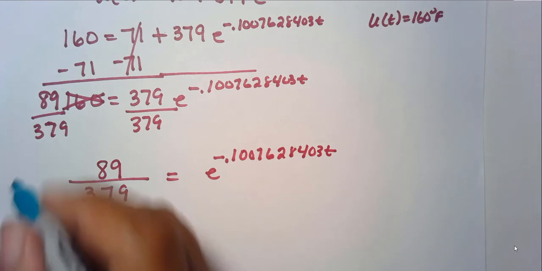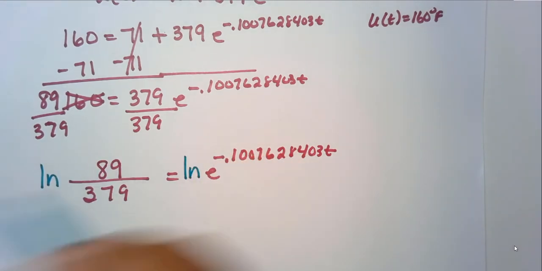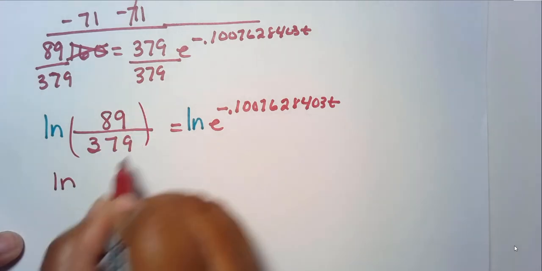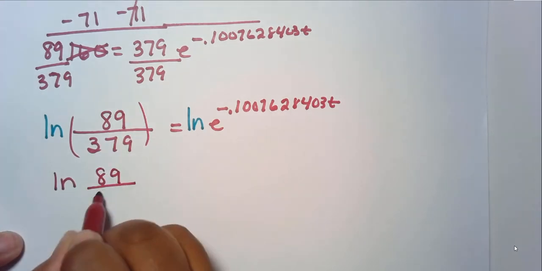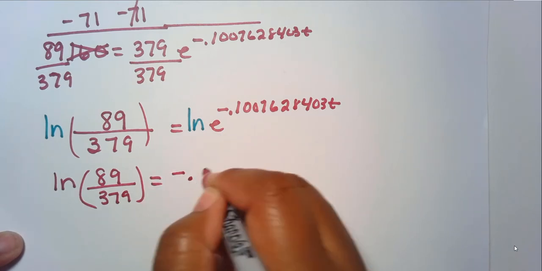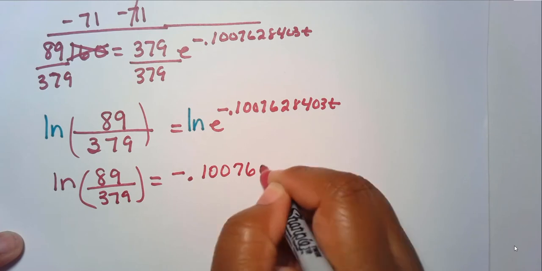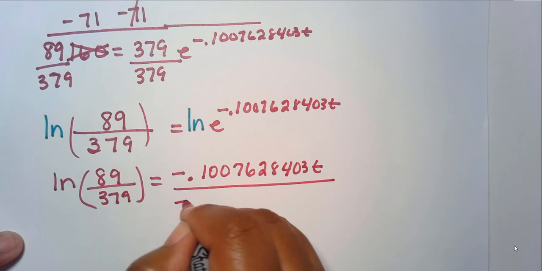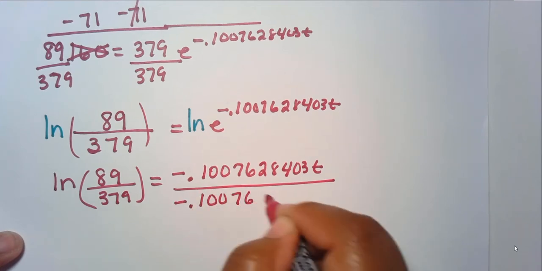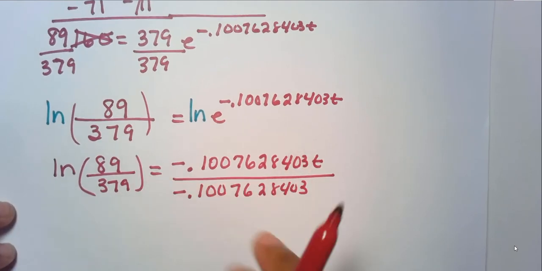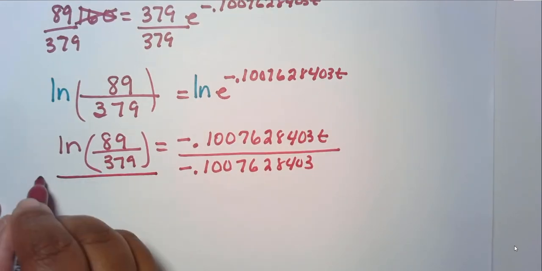We're going to take the natural log to both sides. So our left hand side is ln of 89 over 379 equals negative 0.1007628403 t, and take that long decimal and divide it on both sides.